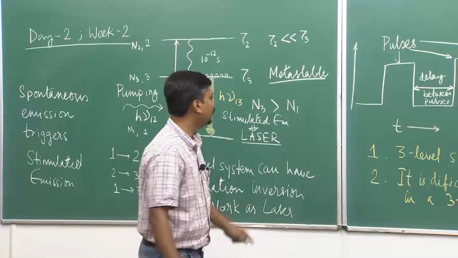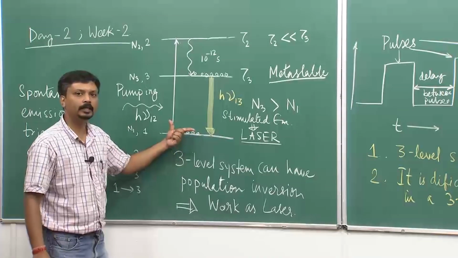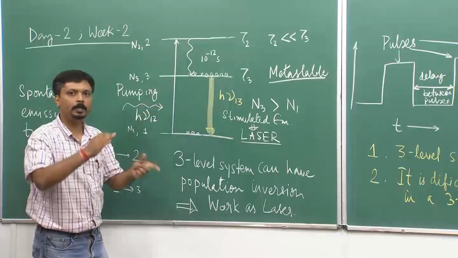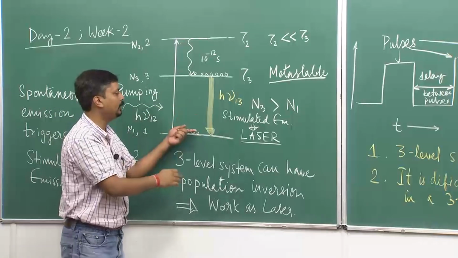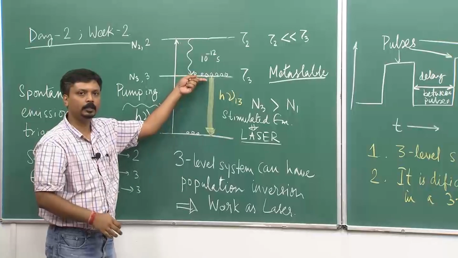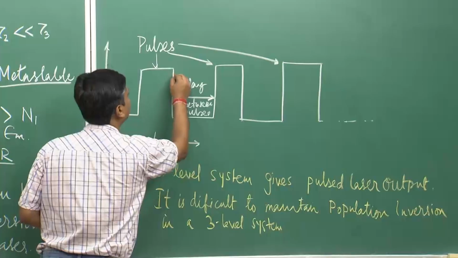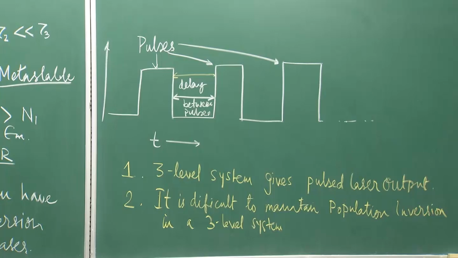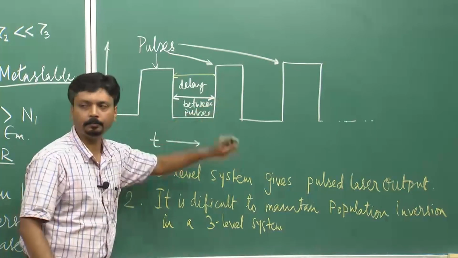Okay? So, if I cannot maintain my population inversion, then again I have to create the population inversion, and the time between the first laser output and then again the population inversion creation is essentially this time. And of course, one spontaneously emitted photon has to come and trigger the second burst.